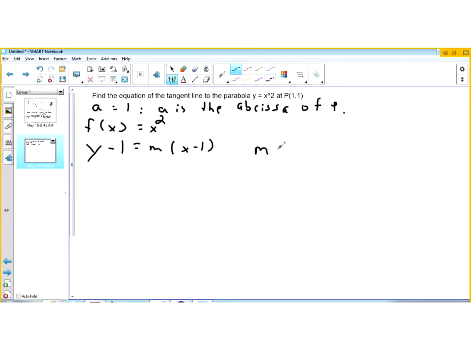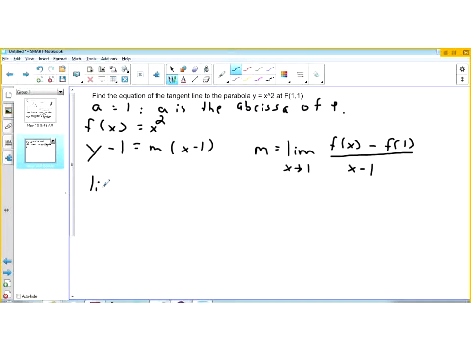And so using the previous constructions, we know that the slope of the tangent line, m, is equal to the limit as x approaches a, which in this case is 1, of f of x minus f of a, which is 1, divided by x minus 1.